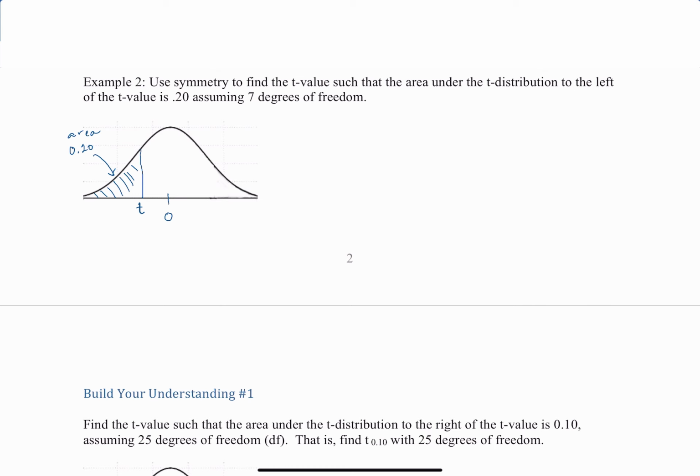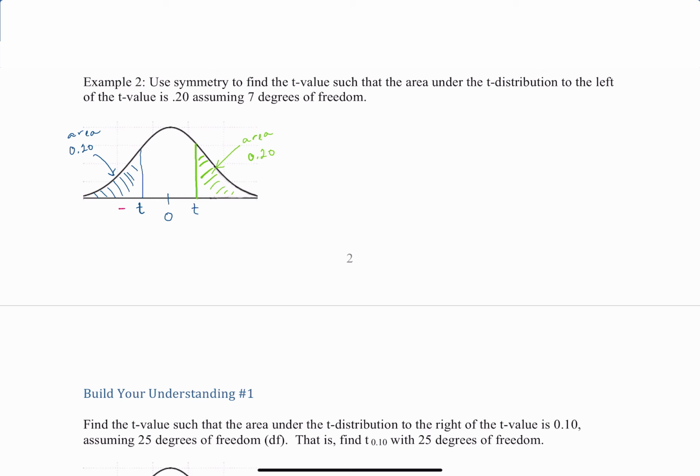Now the problem here, of course, is that our t-table only gives us areas to the right. But remember, just like the z-curve, this is symmetric across that middle point. So if we find the t-value that has area to the right being 0.20, then all we have to do to get the t-value over on the left is just stick a minus sign in front of it.